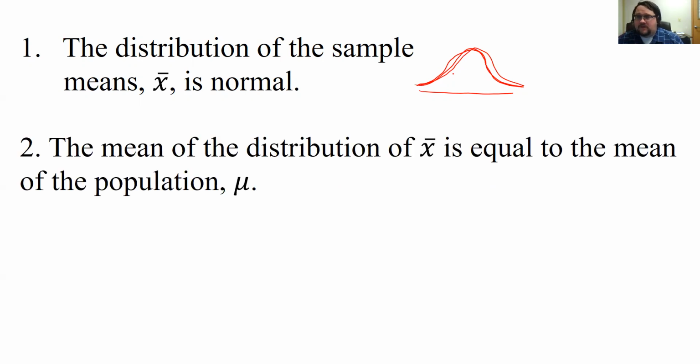The mean of the distribution of means, the mean of the sample means, is going to equal the original population mean. So whatever that original population's average is, that's going to be the same number as if you take the average of all the average values.